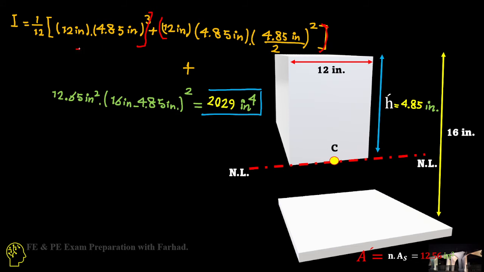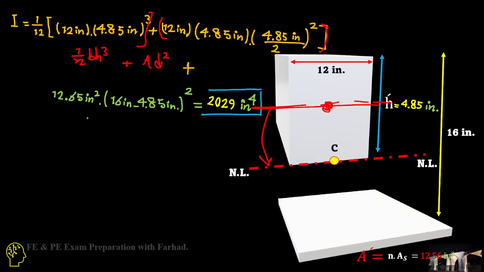So that's 1/12 base times height cubed plus A d squared, because that is moving from the centroid to the other axis.